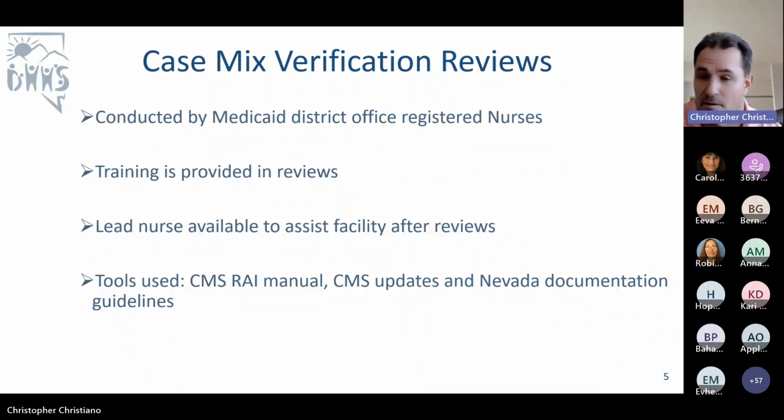And the RAI manual is our sole source document. We'll talk more about that. But as will be mentioned later, you always need to refer to the Nevada documentation guidelines. We continually monitor for updates from CMS and related to the RAI manual, and then we update the documentation guidelines as needed.